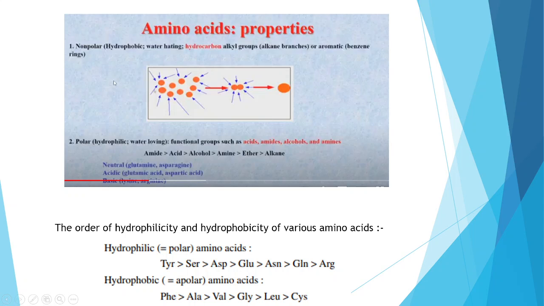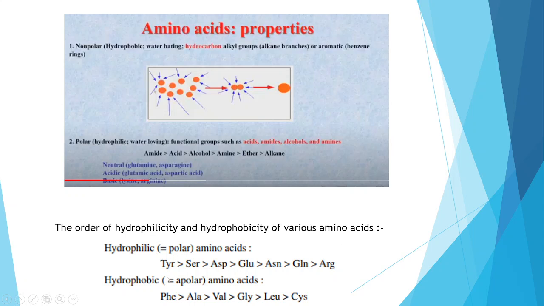This slide has been taken from NPTEL lecture by Dr. Gromia, and this part has been taken from biochemistry book, which is J.L. Jain. The order of hydrophilicity and hydrophobicity of various amino acids.